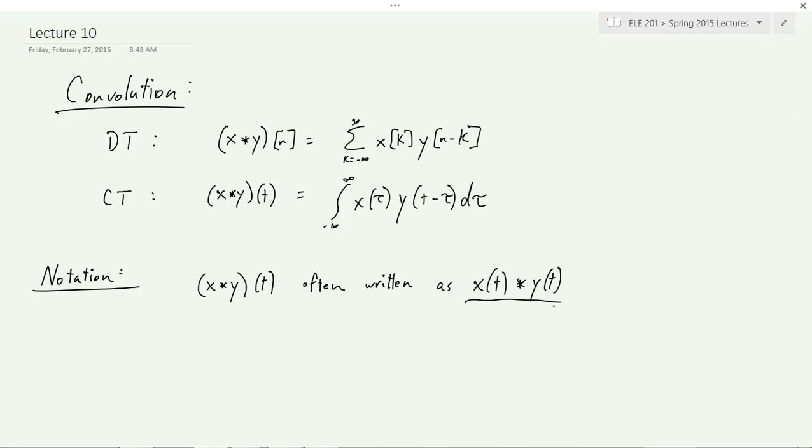There's a reason for it. First, I'll tell you why it's convenient. Why would we do it that way? I'll explain in a moment what's wrong with the notation. But the thing that's nice about it is we can concisely write statements like the convolution of manipulated signals.